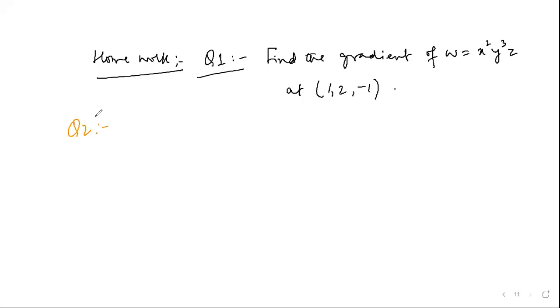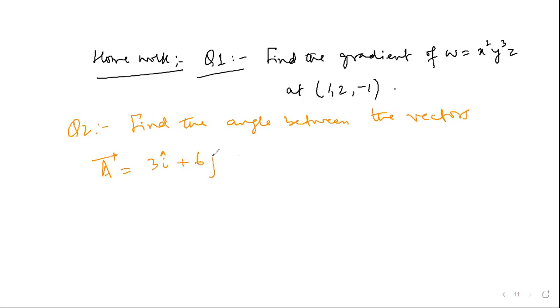I'll give you some questions related to vectors. One question is find the angle between the vectors a equal to 3i plus 6j plus 9k and b equal to minus 2i plus 3j plus k, right?